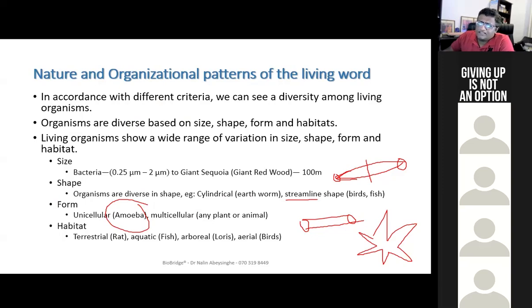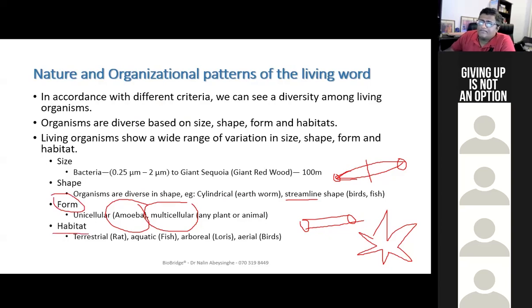Amoeba is the example they have given, but all the bacteria are unicellular organisms. And multicellular, like humans, animals. We have millions and billions of cells inside our bodies, right? So that is coming under form, how the body is formed, one cell or multiple cells.